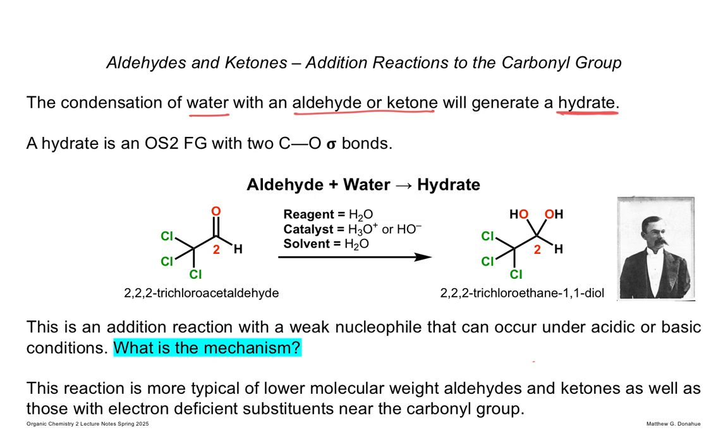So if we use this model compound here, 2,2,2-trichloroacetaldehyde, we can treat that with water either under acidic or basic conditions. It's going to form this product here. And really that carbon is the hydrate.